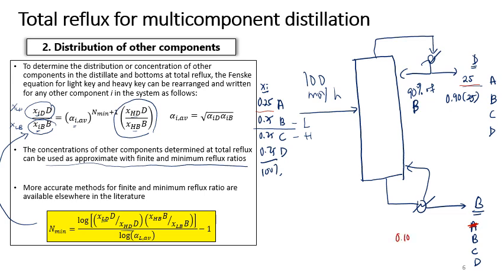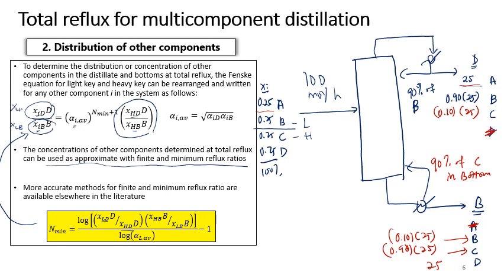So here you have 0.1 times 25 mole per hour of component B. And then C, let's say 90% of component C in the bottom, then you have 0.9 times 25 mole of C here. And then you have 10% in the top product. And then we also assume as initial assumption that 100% of D will be at the bottom product, so D is 25 mole. So then we don't have the component D in the top product. So this is our initial estimation.